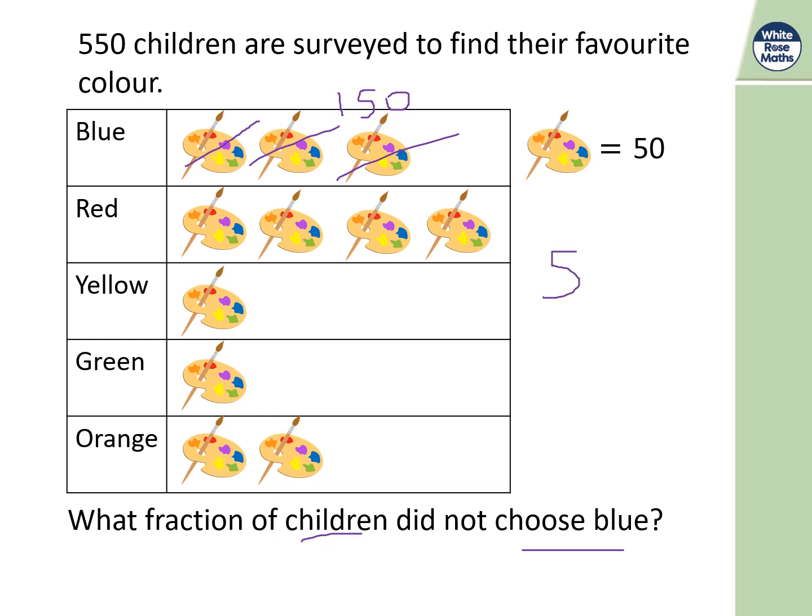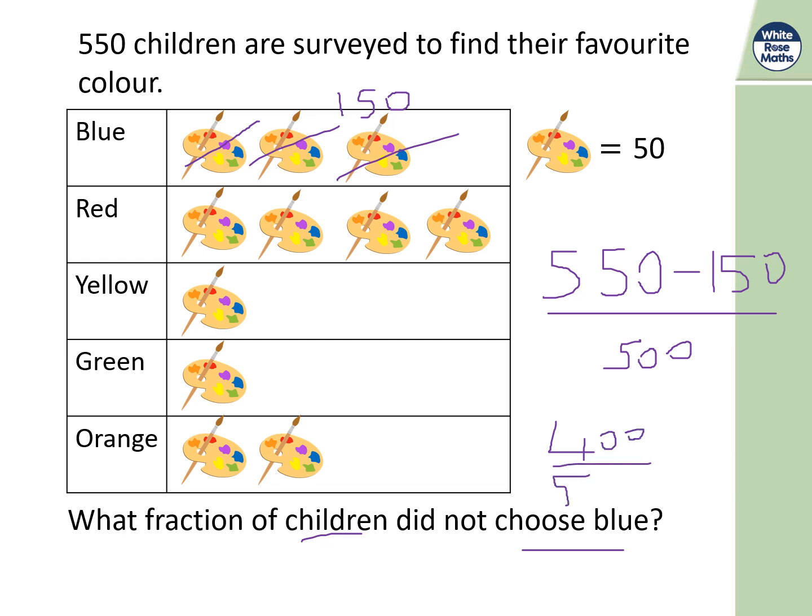That's going to be 550 take away 150, and because it's a fraction, it's going to be out of the total, which is 550. That equals 400 out of 500, which simplifies to 4/5, dividing top and bottom by 100. So what fraction did not choose blue? That will be 4/5. The fraction that chose blue will be 1/5, or 150 out of 550.